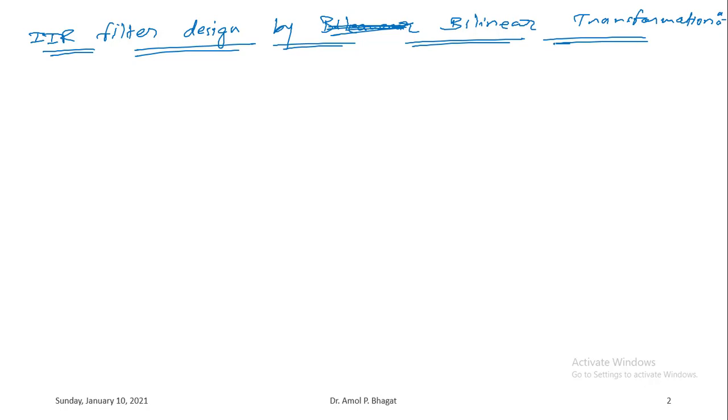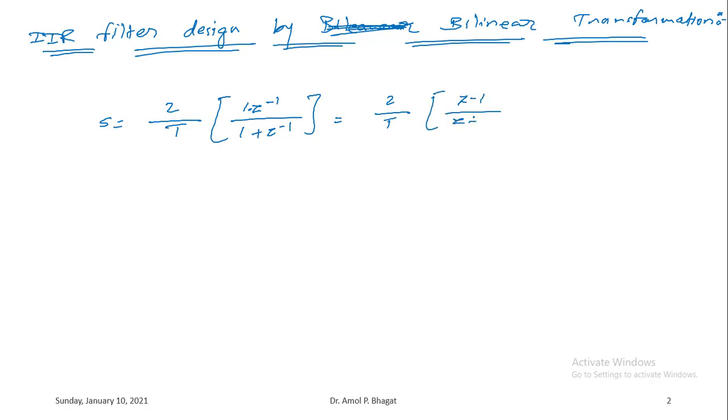We will be using a mapping function of the form s equals 2 upon capital T, in brackets, 1 minus z inverse upon 1 plus z inverse, or this can also be written as 2 upon capital T, z minus 1 upon z plus 1.